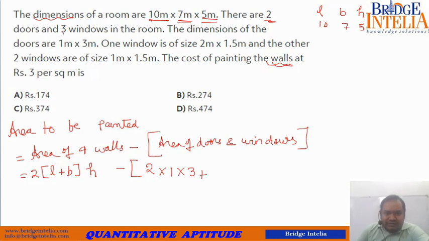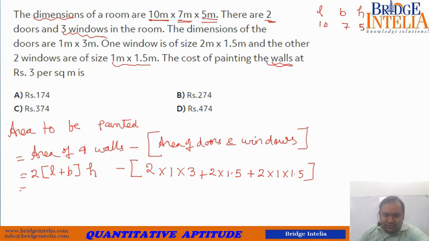There are 3 windows, but the windows are of different dimensions. So one window is 2 meter into 1.5 meter. So 2 into 1.5 plus there are 2 other windows whose dimensions are given by this. So 2 other windows, so 2 into 1 into 1.5. So this is the total area to be painted, area of 4 walls minus the area of doors and windows.